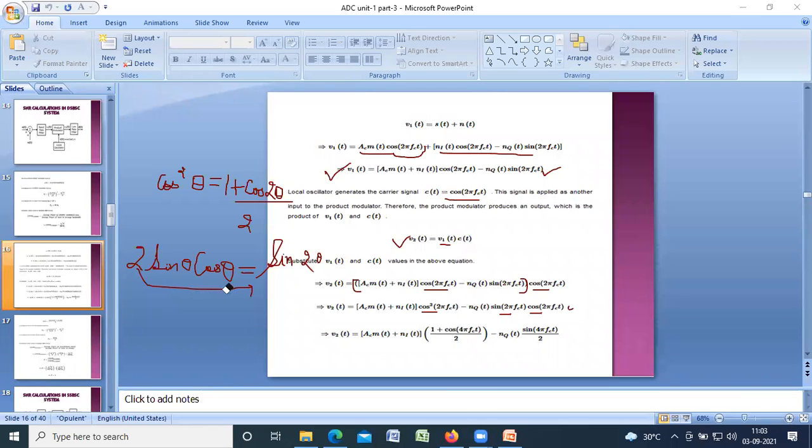Yes, ma'am. It will be formed like this. Now use these two trigonometric identities here. Here instead of theta there is 2 pi fct, so it becomes this. Here there is sin A sin B, so it becomes this.